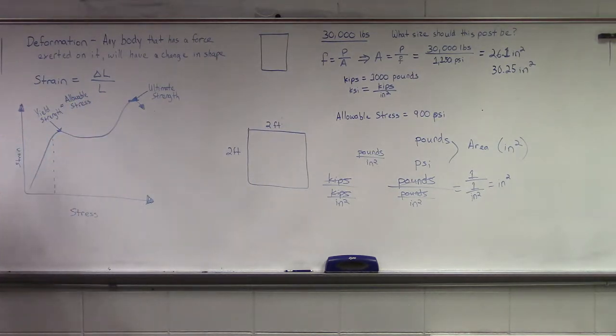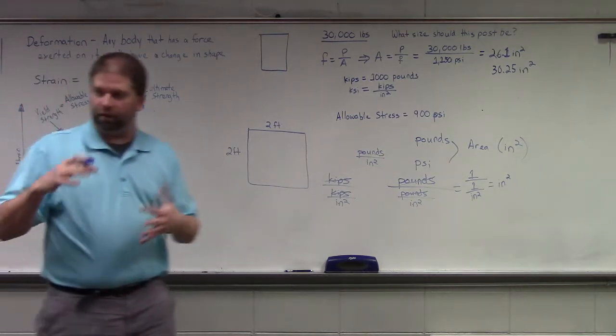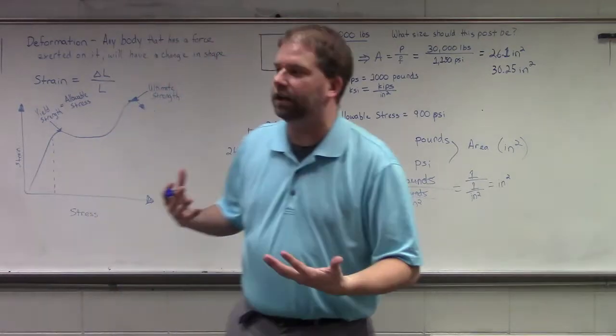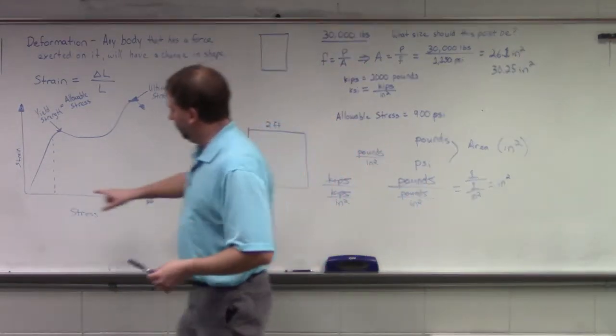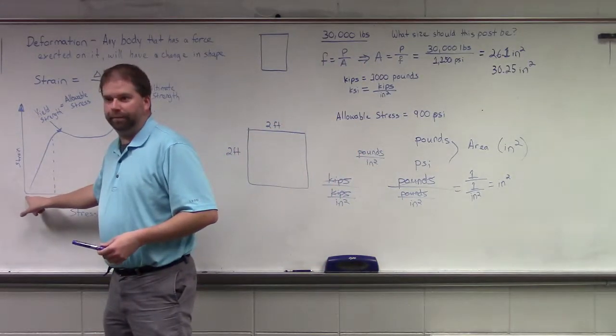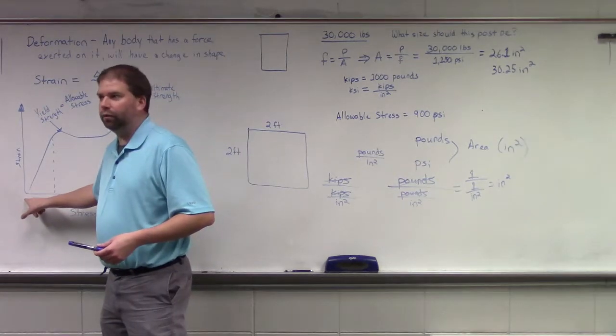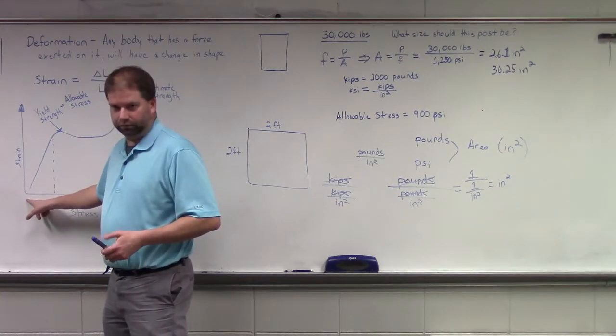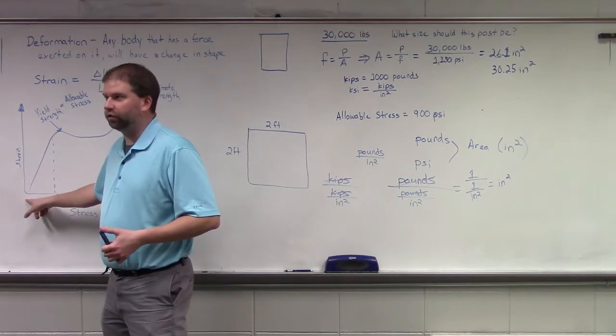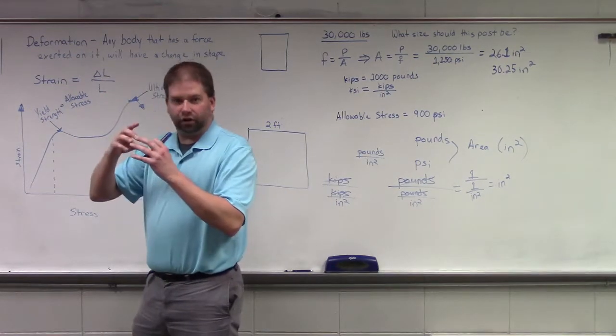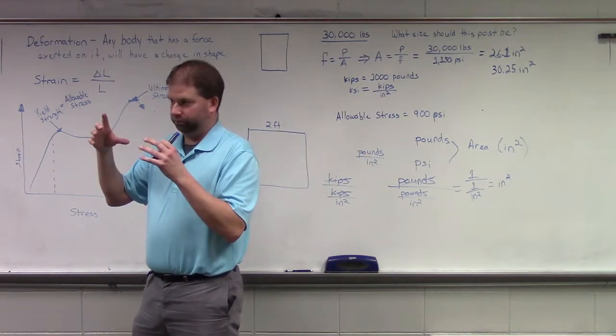Once we get to the yield strength and we keep loading that thing, whether it be steel, wood, concrete, plastic, it doesn't matter what it is, it will not go back to its original shape. It will undergo some strain hardening.